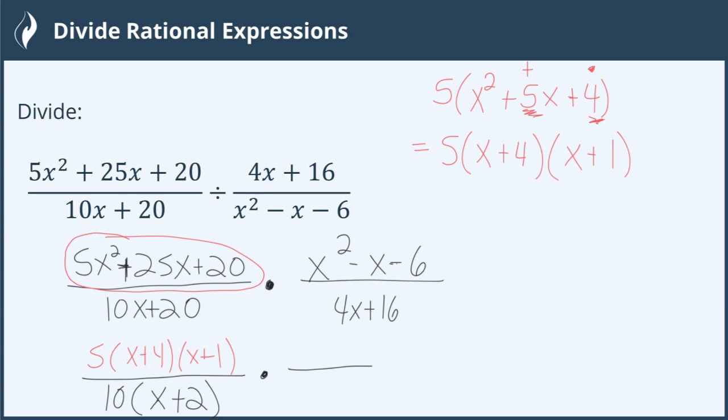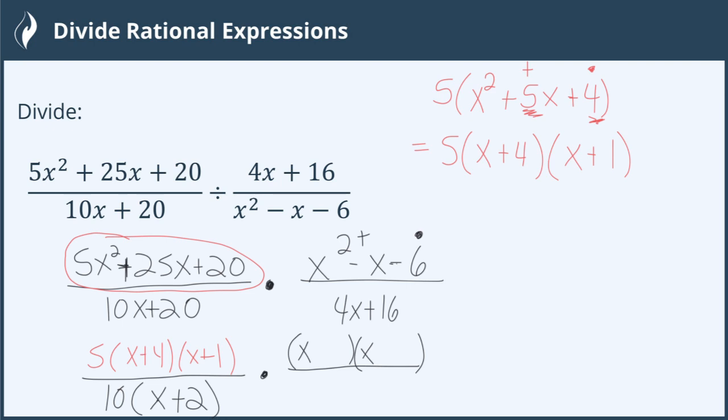Now let's go over to our other fraction. X squared minus x minus 6 is the top of the fraction. So we want to find two numbers that multiply to negative 6, but then add to positive 1. So this might be a little harder to see automatically just because of the way that 6 works.